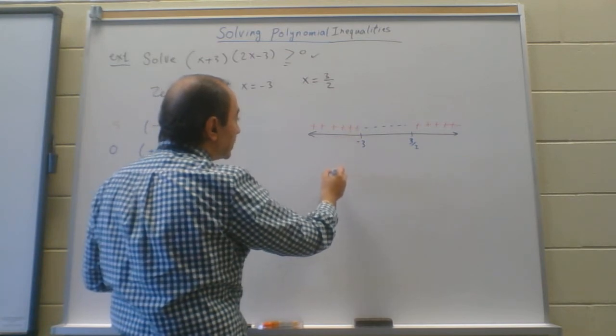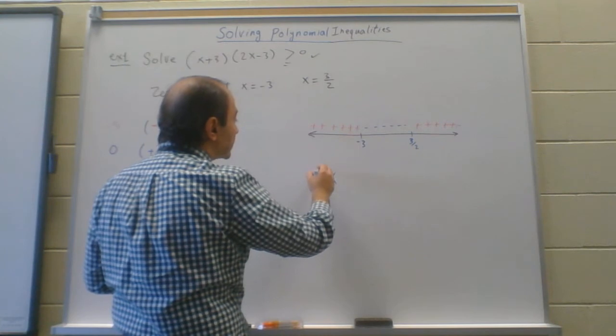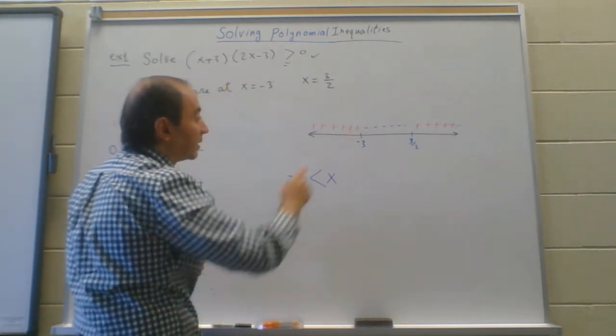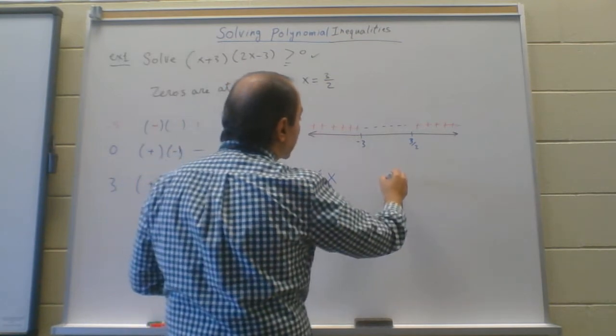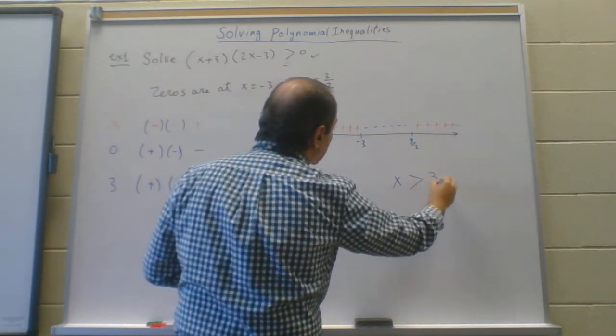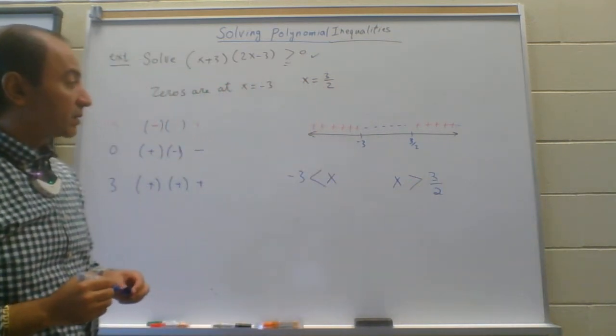The first interval is x less than -3. And the other interval is x greater than 3/2. This is how we write the answer.